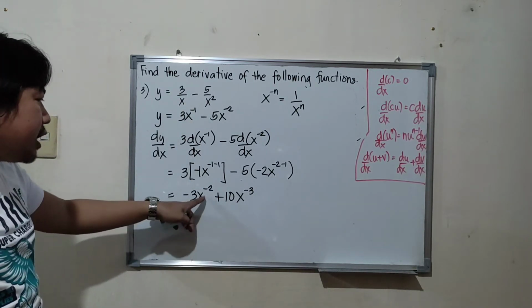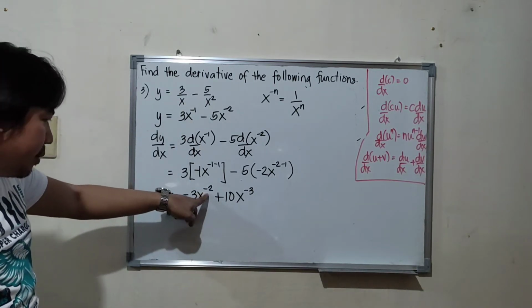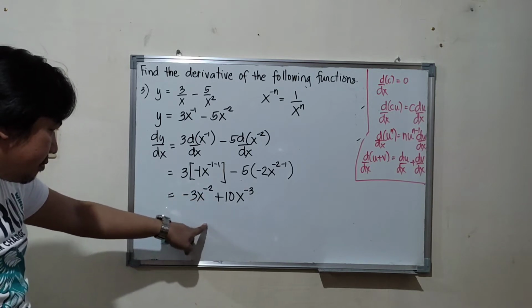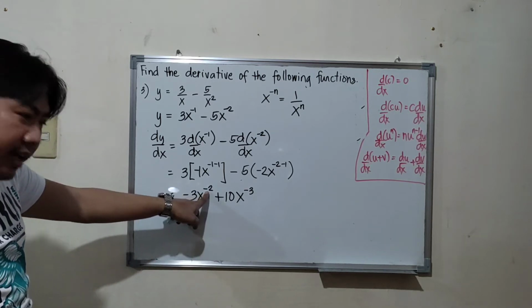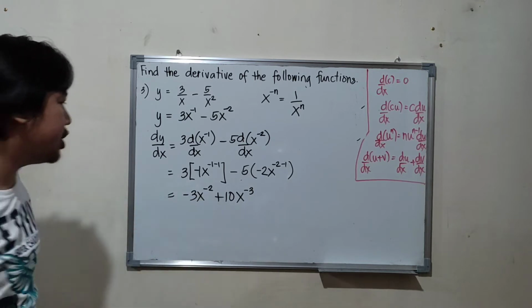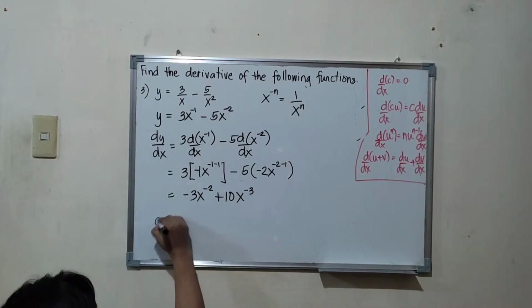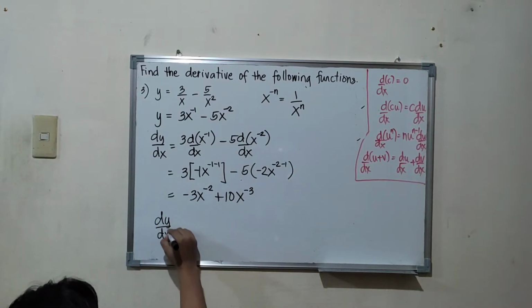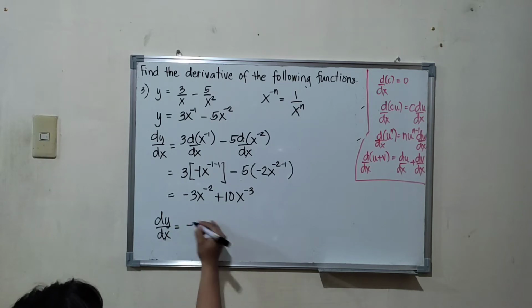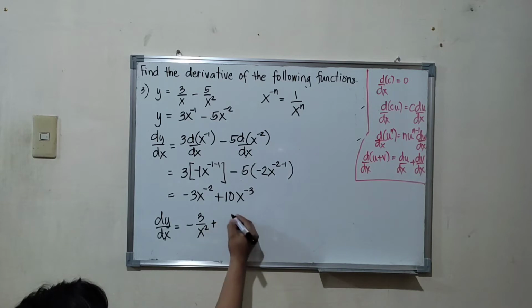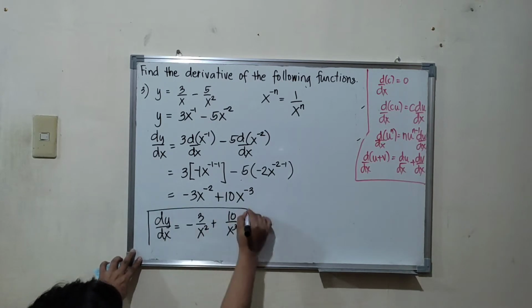Since we have negative exponents, all we have to do is bring the negative exponent down, and it becomes positive. So therefore, the final answer is the derivative of y with respect to x equals negative 3 over x squared plus 10 over x cubed. So this is the final answer.